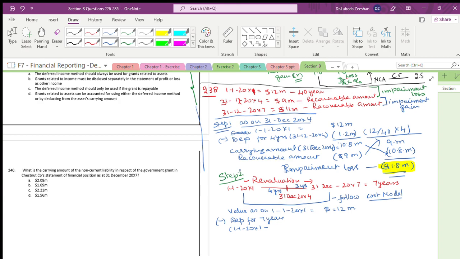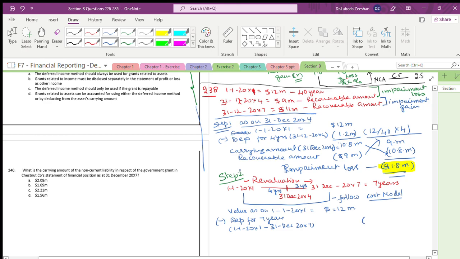If there is a change after some time, we have done that in the lecture also. When there is a change in value, the first time we will get a loss, then we will get a gain. In the second case, whenever the carrying amount is less and the revaluation amount is more, we have to take from the beginning and calculate the depreciation so that we can arrive at the figure as on the date of preparation, 31st December 2007.